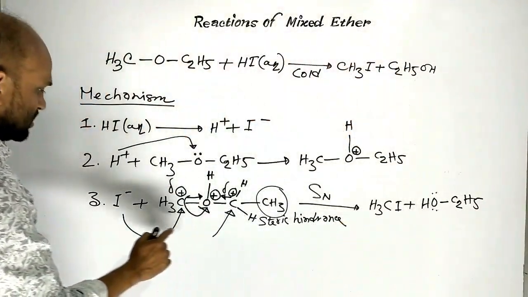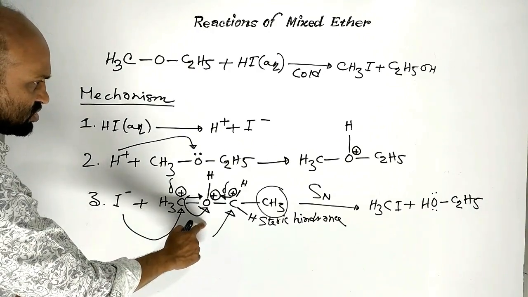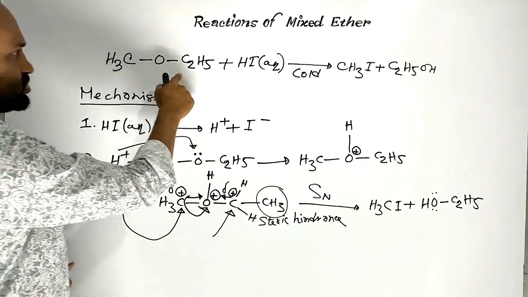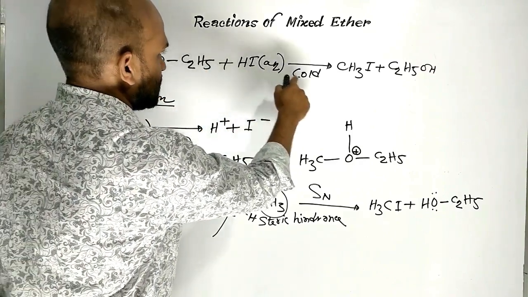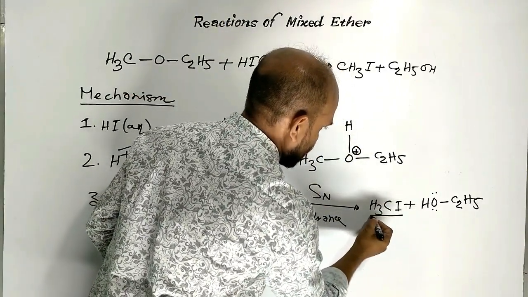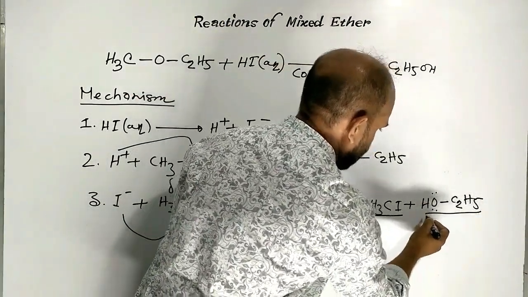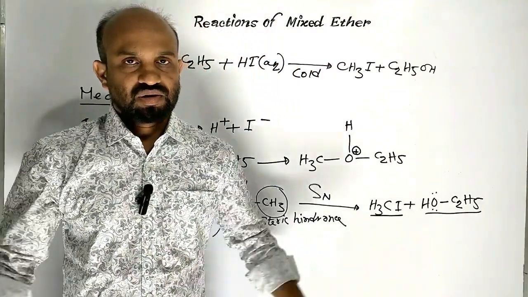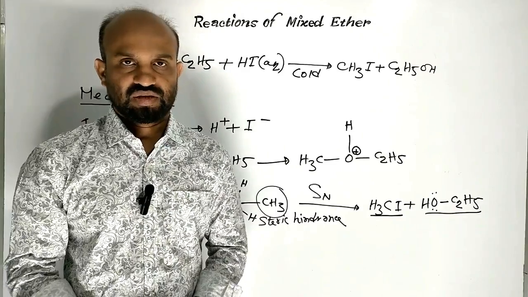That is, nucleophilic substitution occurs. So when methoxyethane is treated with hydroiodic acid in cold condition, then we get methyl iodide and ethanol through nucleophilic substitution. Now let us see mechanism of another reaction.